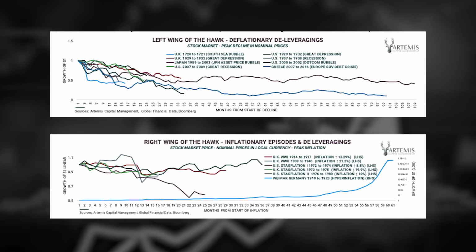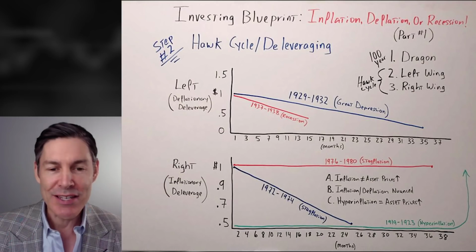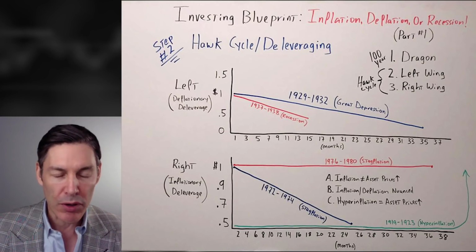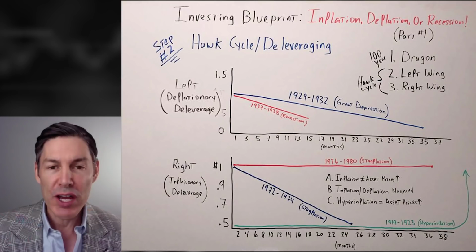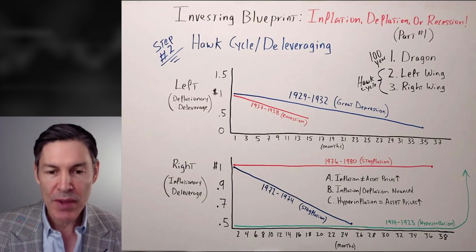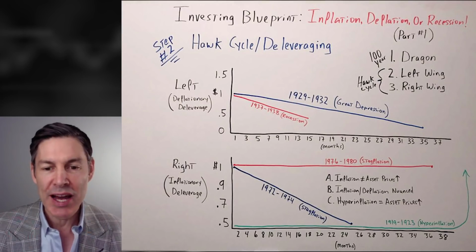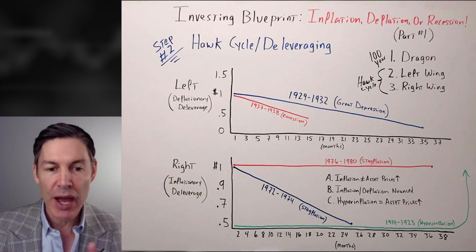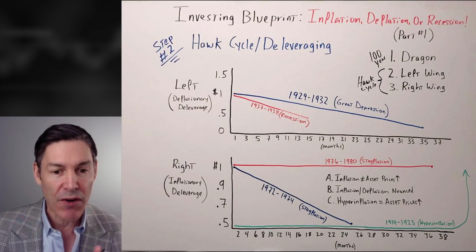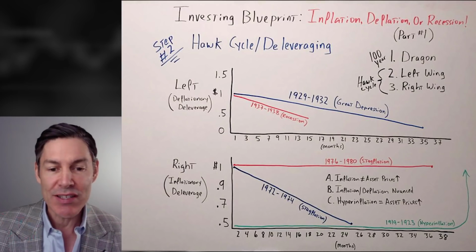He's got some charts in his report that go over this beautifully. They're a little tough to read, so I tried to simplify them here for the whiteboard. We'll start with the deflationary deleveraging. As examples, we'll use the Great Depression from 1929 to 1932 and the recession that followed in 1937 to 1938.